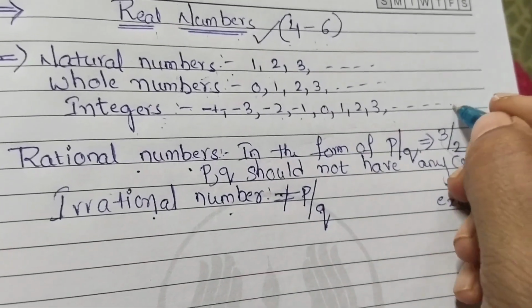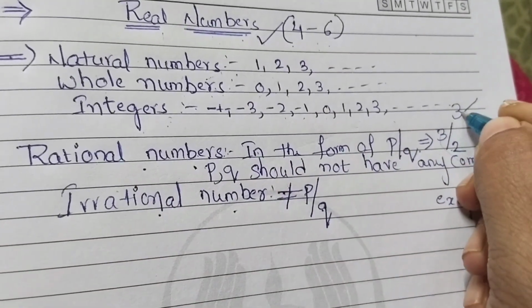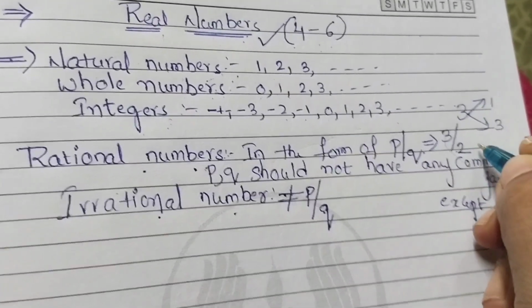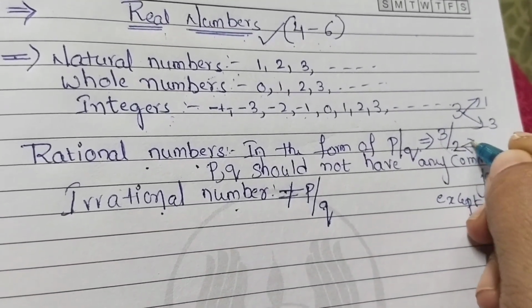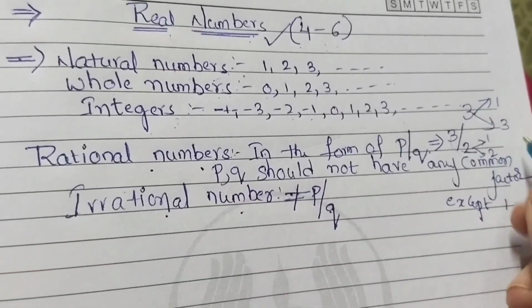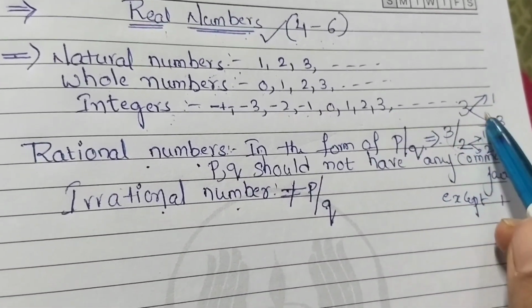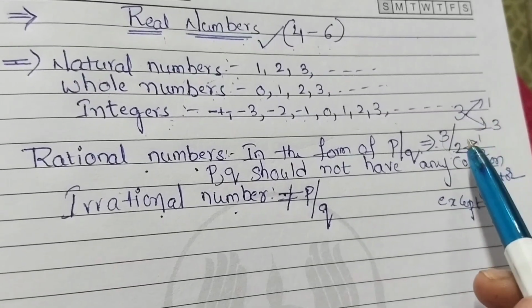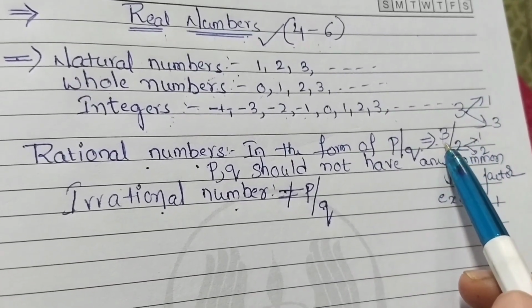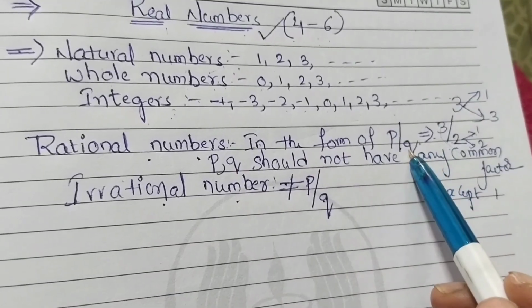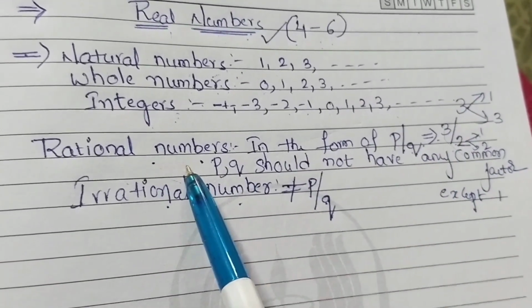If you write the factors of 3, only 1 and 3, right? The factors of 2, only 1 and 2, right? So we do not have any common factors for 3 and 2 except 1. If two numbers do not have any common factors and they are in the form of p by q, they are called rational numbers.